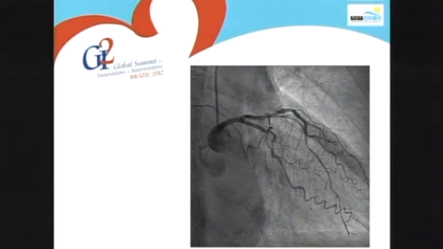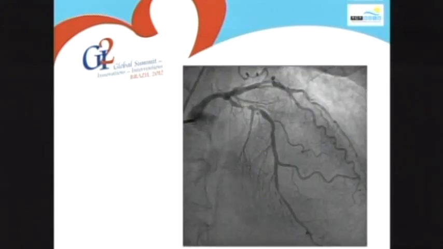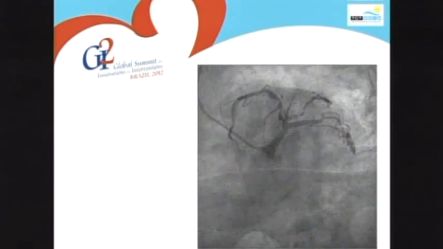Well, as you can see in this picture, there is a severe proximal left circumflex lesion, also in the proximal and distal segments of the LAD, severe lesions. The proximal segment of the diagonalis, also a severe lesion.